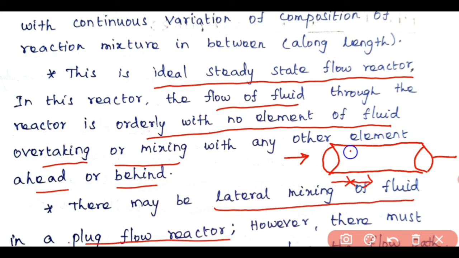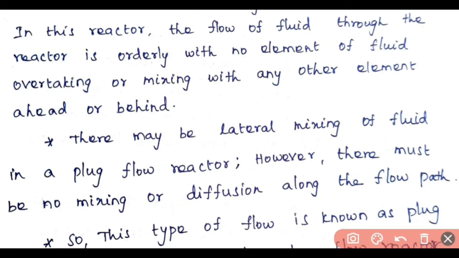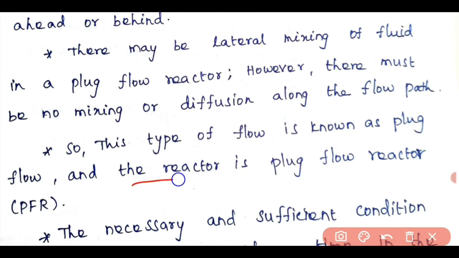That is, in this way there will be a mixing. This is known as lateral mixing. So there will be lateral mixing of fluid in a plug flow reactor and there is no overtaking or mixing ahead or behind. This is the condition for plug flow reactor. This type of flow is known as plug flow and the reactor is known as plug flow reactor.